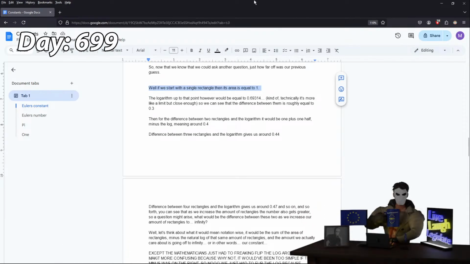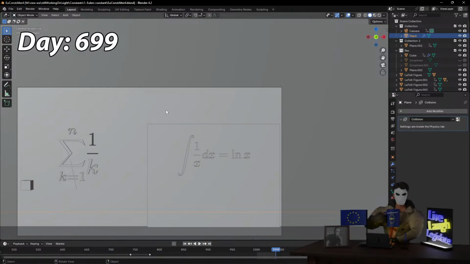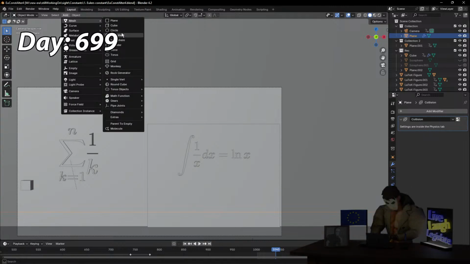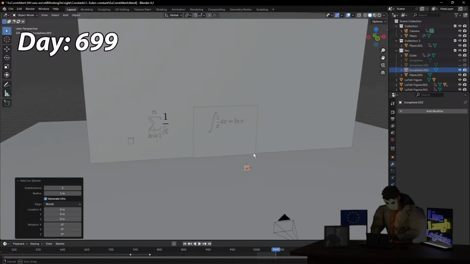Single rectangle, the area is equal to 1, which means right here we need two different geometry nodes. One of them will represent the value of this area, which is simple, that's just the harmonic series, which I just happen to already have made the node for. And this one, which is the natural log, which is simple because it's a simple node. And then what we'll need is the... whoops.